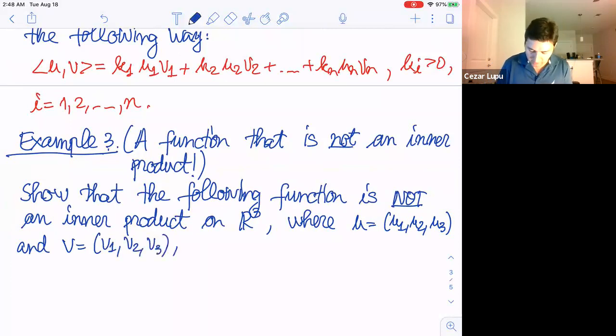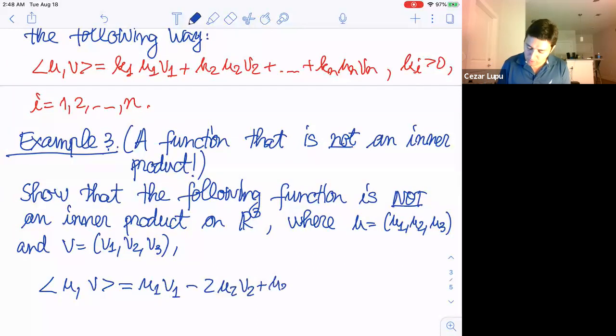And we're going to define this inner product between u and v in the following way: u1 v1 minus 2 u2 v2 plus u3 v3.